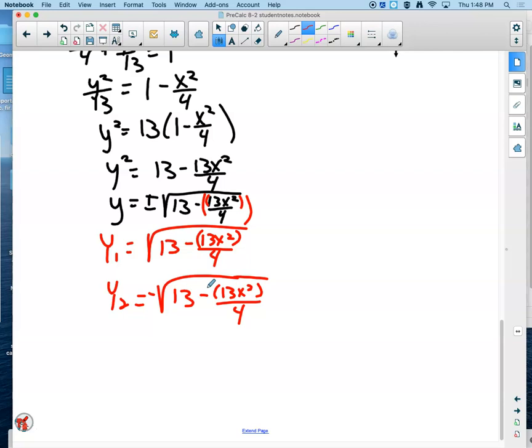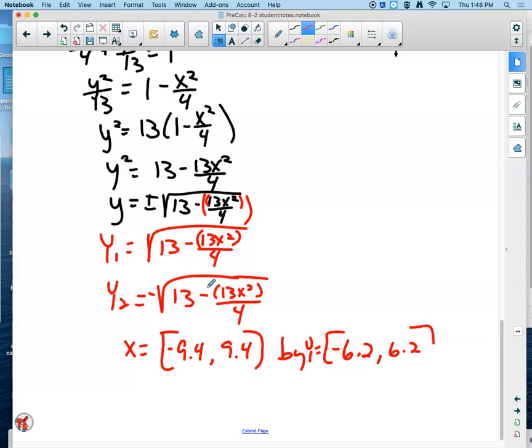So what we do is the same thing that I talked about when we were doing parabolas, which is we try to center the ellipse so that it will meet. And in this case, it's kind of a strange window. If you change x to negative 9.4 to 9.4, then the y's would be negative 6.2 to 6.2. Then the gap that's created by your graphing calculator will close itself off. So it's kind of like a little zoom in, and then everything gets taken care of.